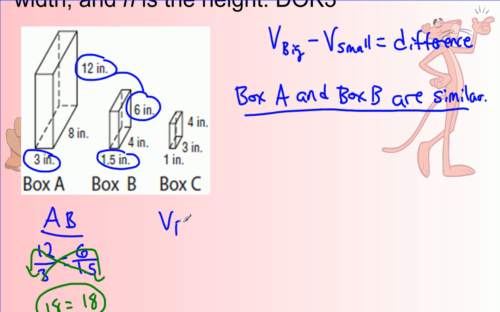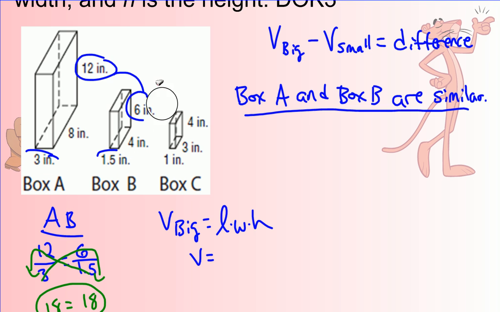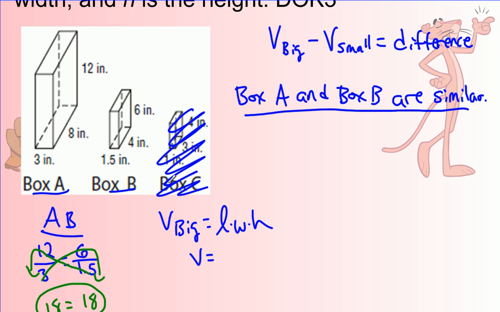So volume of the big would be length times width times height. And what are the length and width and height of the bigger box? Well, if I'm looking at A and B, I don't even need him anymore. So the bigger box, it definitely looks like A. All the sizes are bigger.